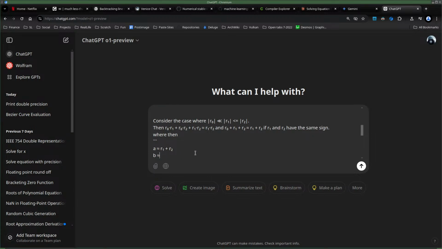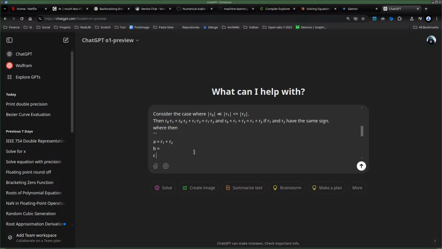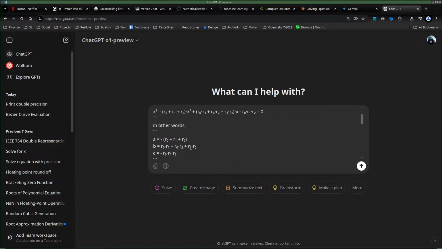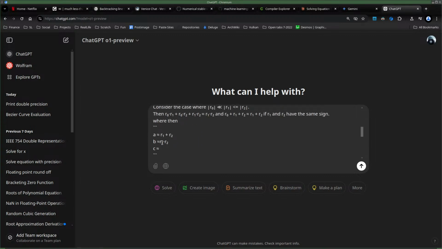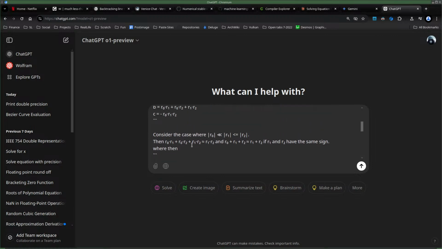And then B is more or less something, and C is more or less something. So R0 is very small, so we just pick this part. And for C, yeah, we have to keep everything, I think.